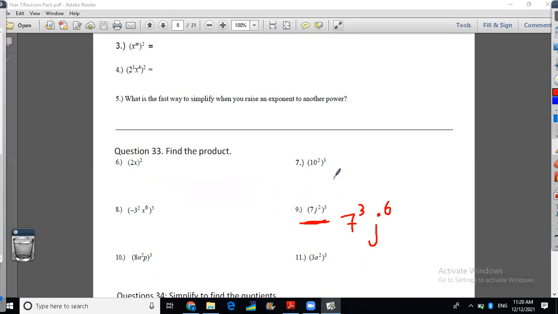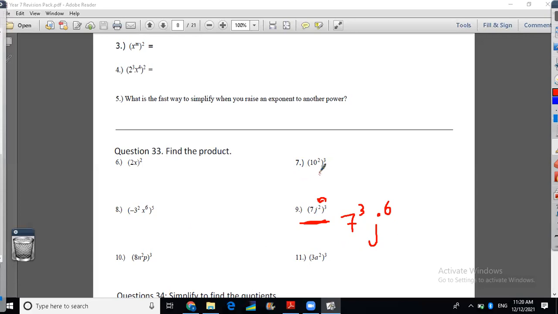If we have a power to another power, we multiply the powers by each other. But here, it's not only the j squared that is to the power of 3, it's 7 also that is to the power of 3. That's why I wrote 7 to the power of 3, j to the power of 6. You want to leave it this way? That's fine. You want to do it? Fine, do 7 times 7 times 7. It is also fine.